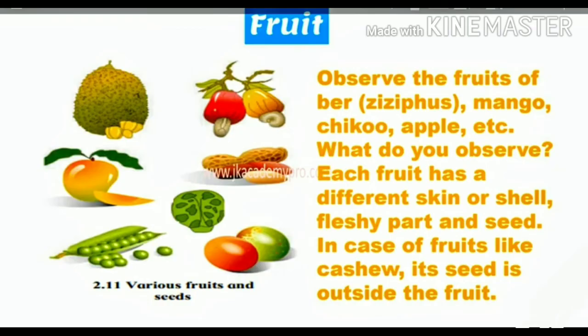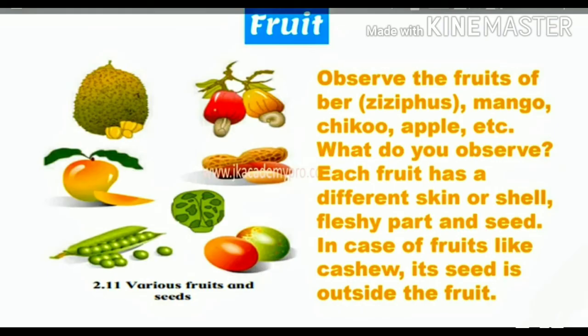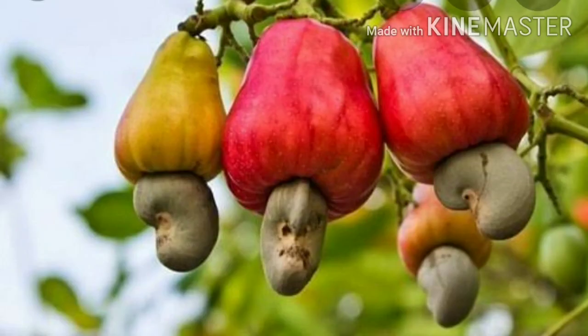Now, observe the different kinds of fruits such as pear, that is ziziphus, mango, chiku, apple, etc. What do you notice? Each fruit has a different skin or shell, fleshy part and seed. In case of fruits like cashew, its seed is outside the fruit.